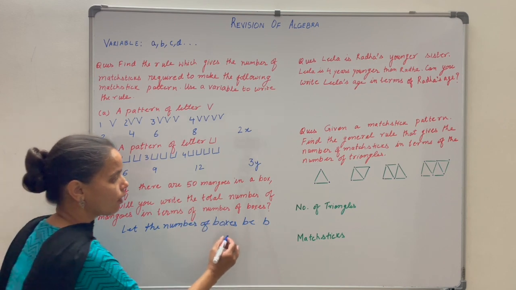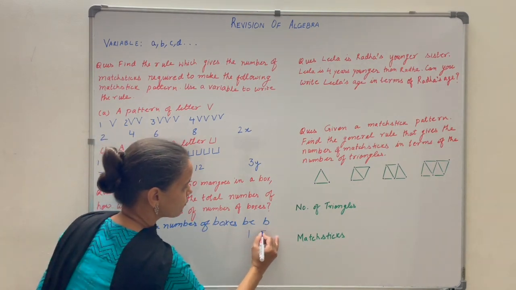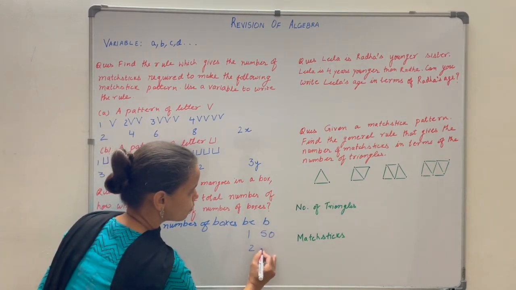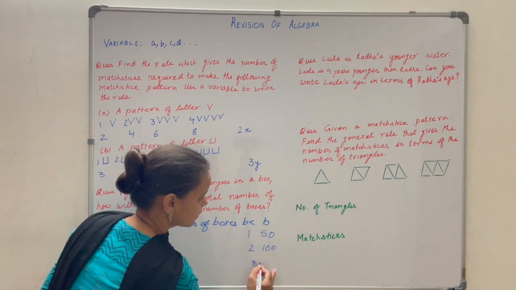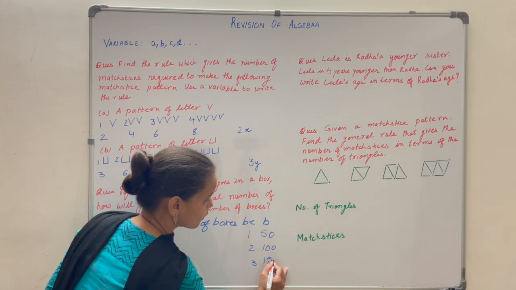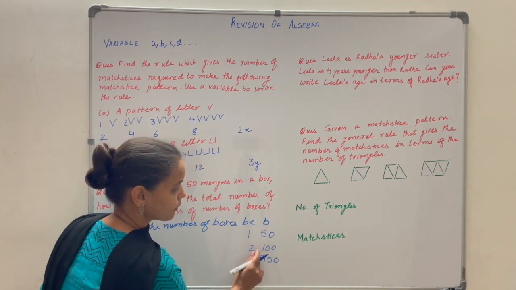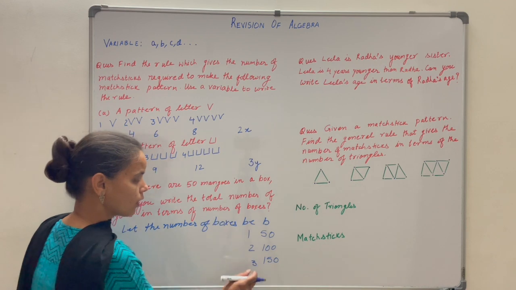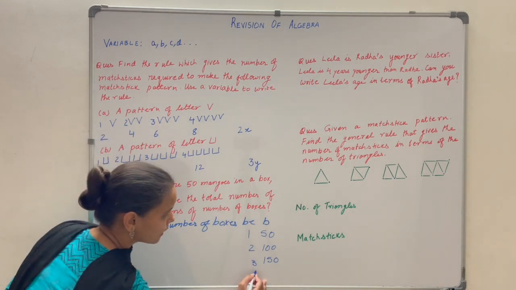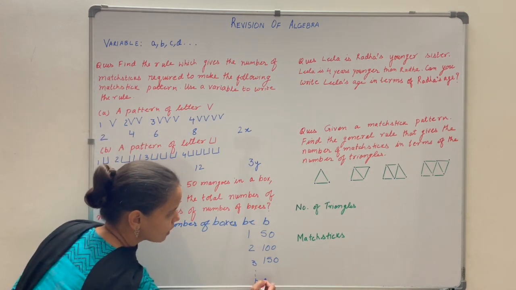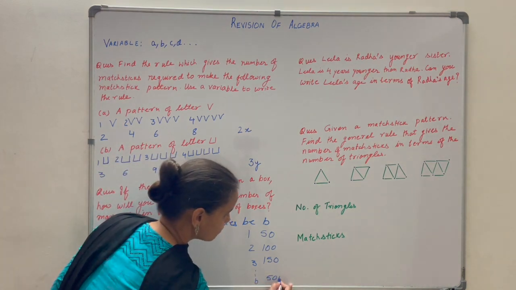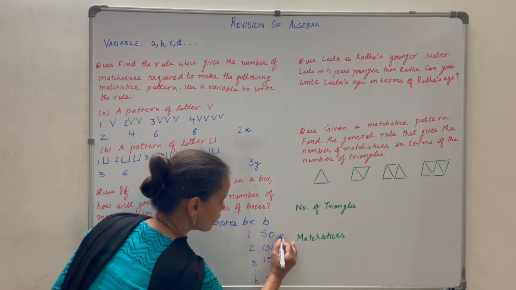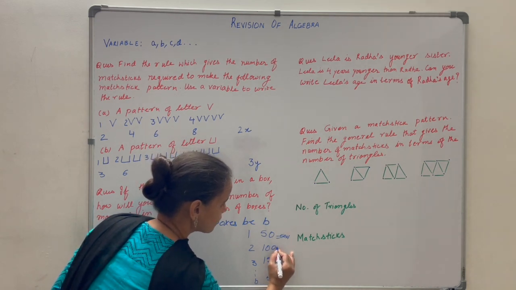So in one box, you have 50 mangoes. In 2 boxes, 50 plus 50, 100. In 3 boxes, 150. 50, 3 times. 50, 2 times. 50, 1 time. So like that, if there are B boxes, then how many mangoes are there? 50B, because this is 50 into 1.